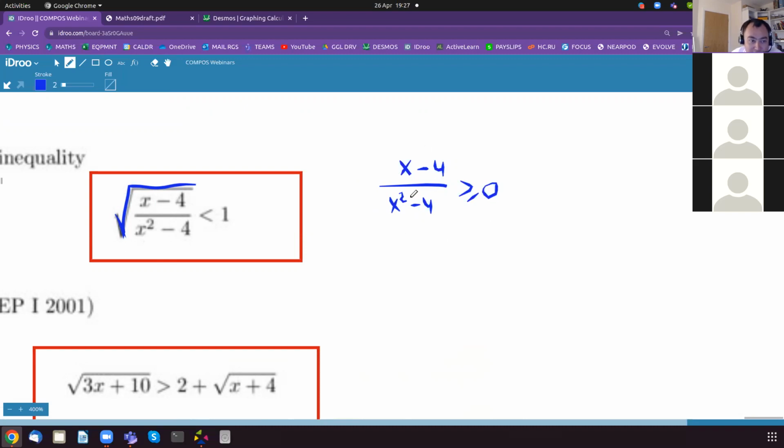You need to solve this because then you understand which x's are allowed. And then separately, you have to solve x minus 4, x squared minus 4 minus 1 is less than 0. And this is done by method of intervals again. So two separate inequalities, and then you just combine the solutions. You combine the two groups of the solutions where they intersect.